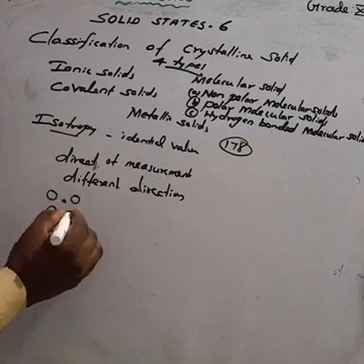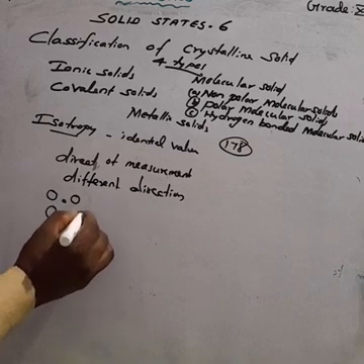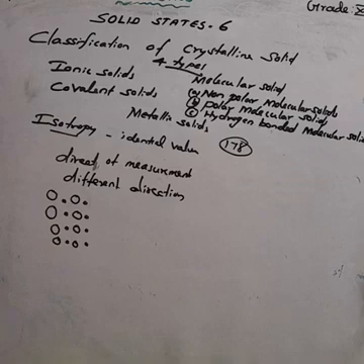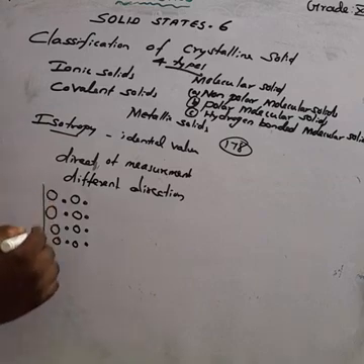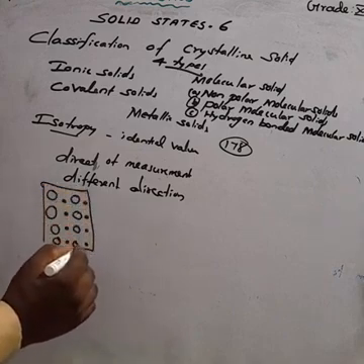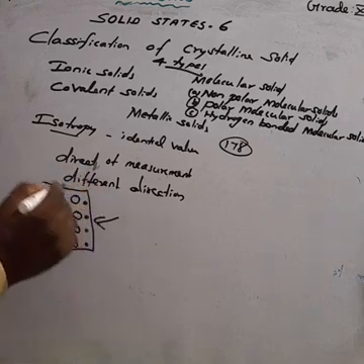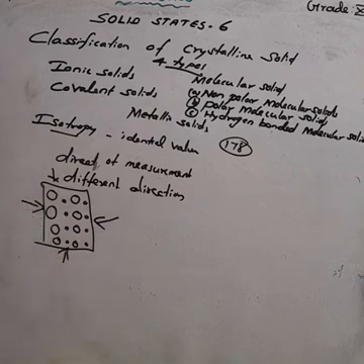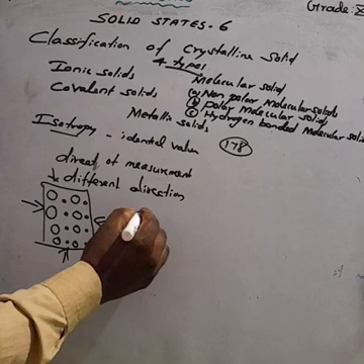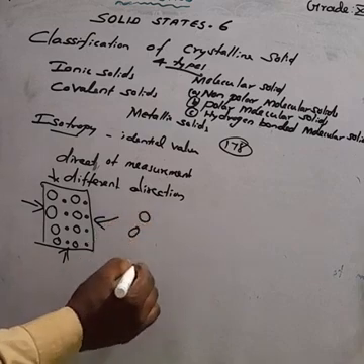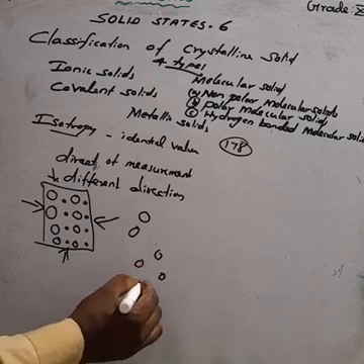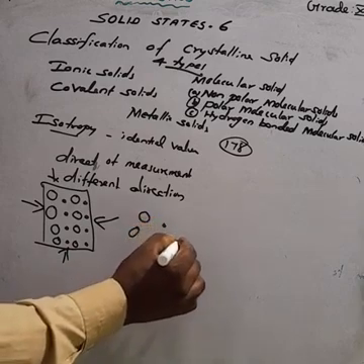They are arranged in a regular, systematic pattern. So it can be measured along different directions, and they show different values of physical properties. In the isotropic amorphous solid, the arrangement is random, that is, irregular. That is about isotropy.